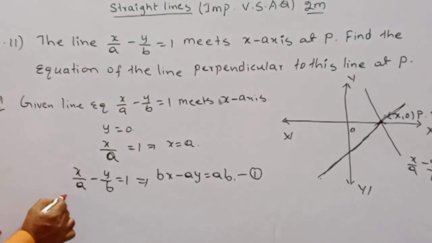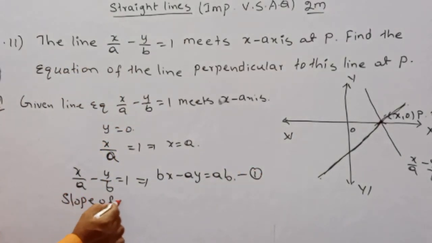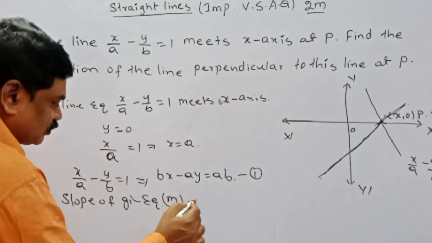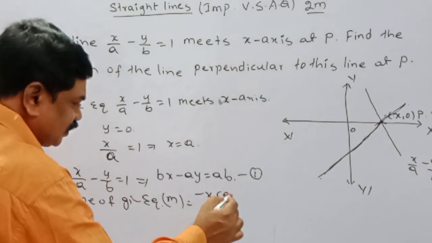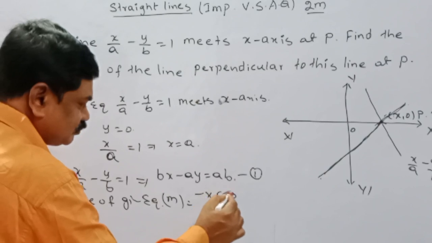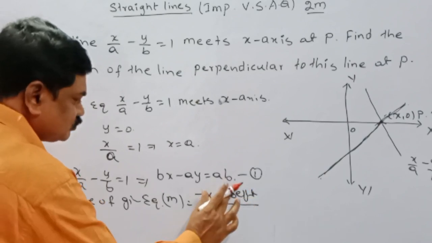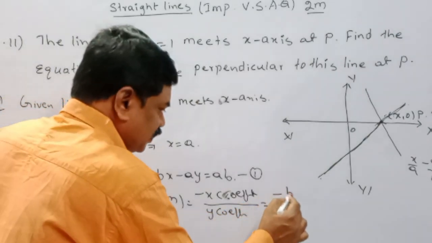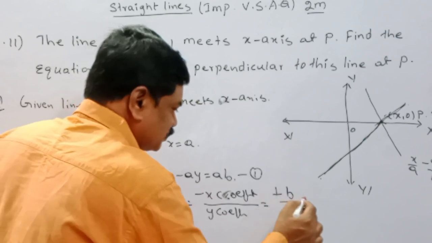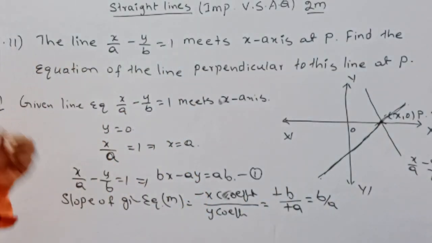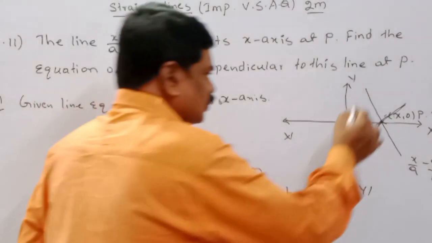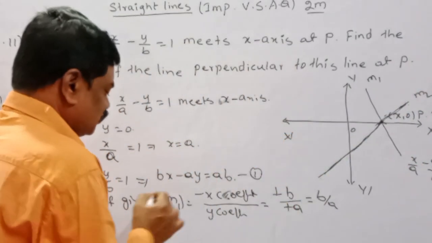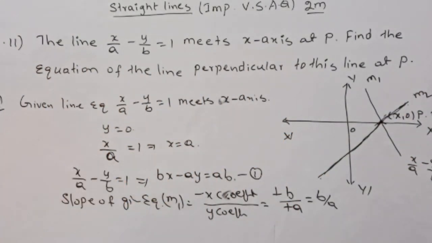The slope of the given equation m is equal to minus x coefficient by y coefficient, which is minus b by minus a. Minus minus is plus, so b by a is the slope of this line, m1.